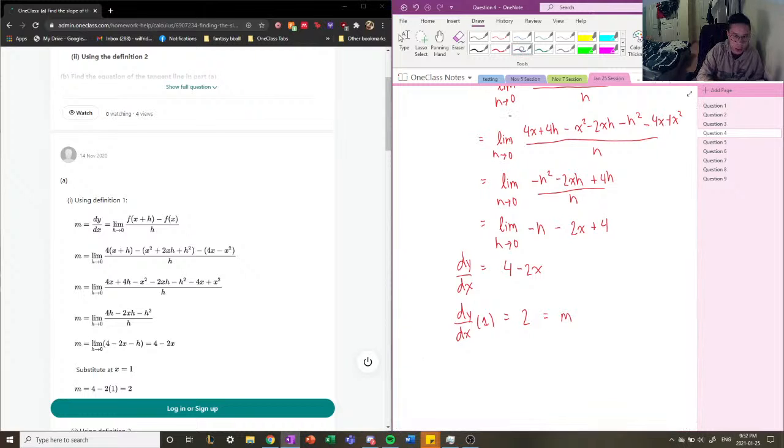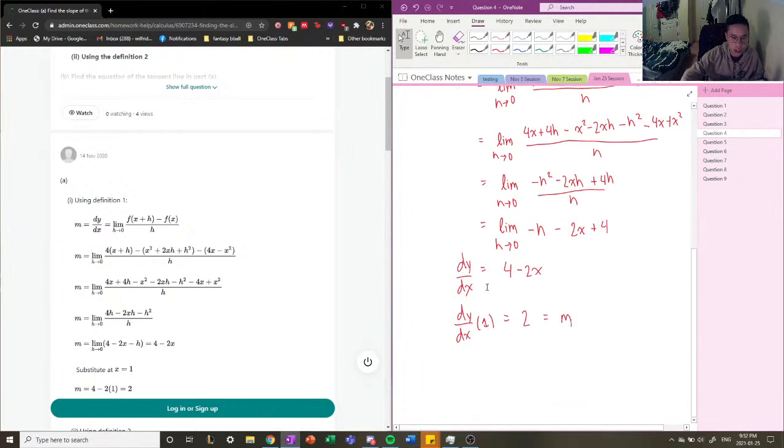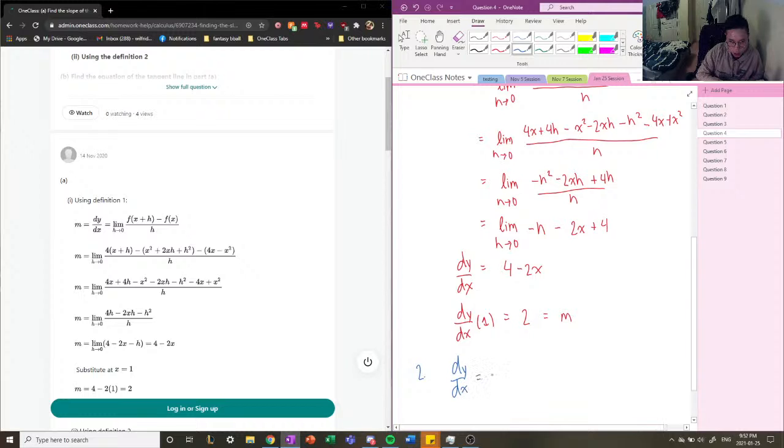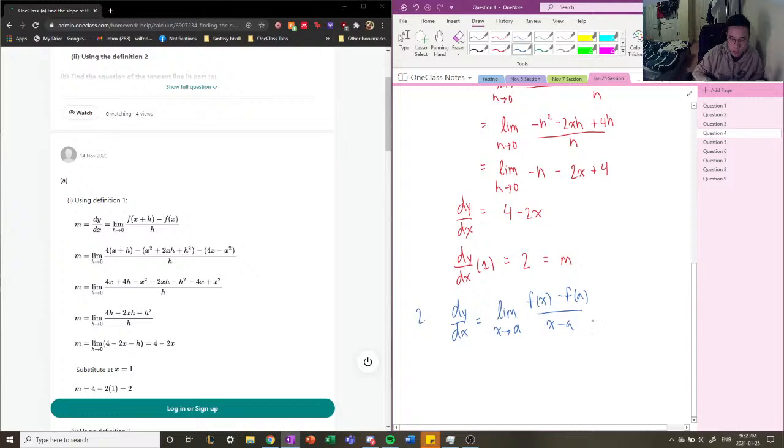All right, let's use the second definition. The second definition asks us to calculate dy over dx as the limit as x approaches a of f of x minus f of a, divided by x minus a, where f of x is equal to 4x minus x squared.